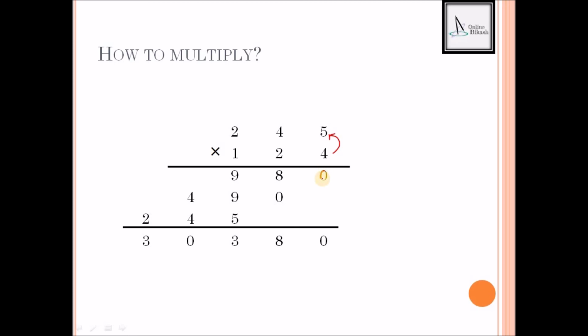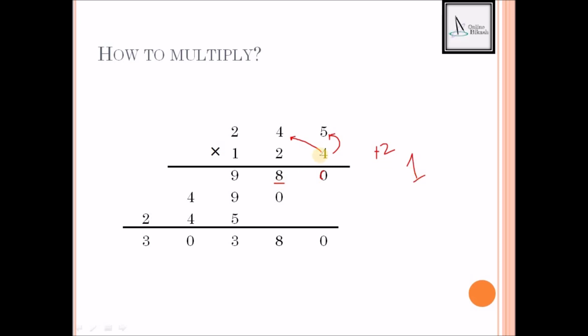We were having this 2. Now you multiply this 4 with this one. So 4 4s are 16, and 16 plus 2 is 18. So you write this 8 here. Remember, 1 is carried again.